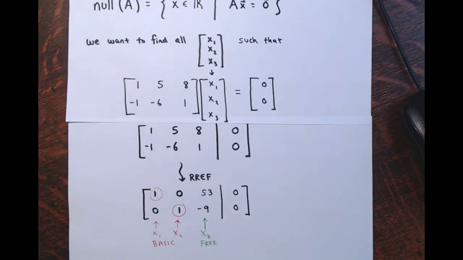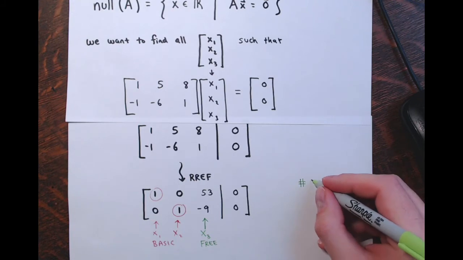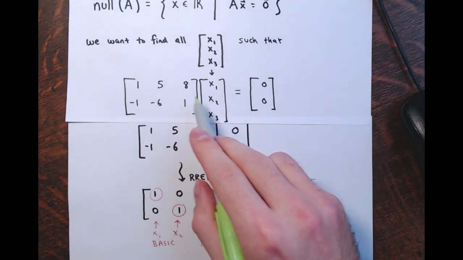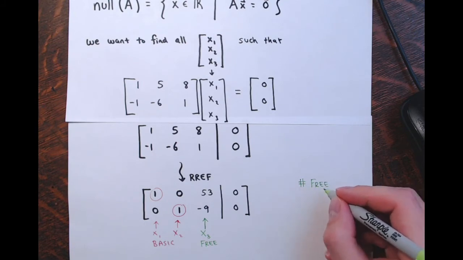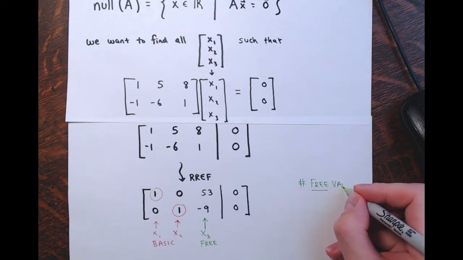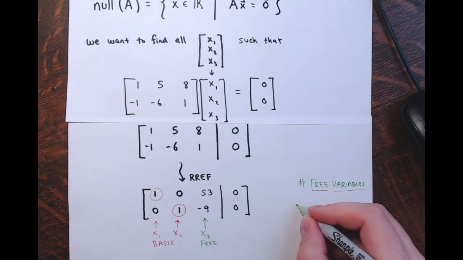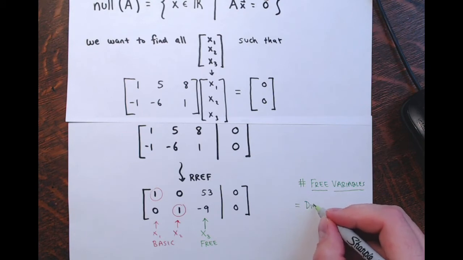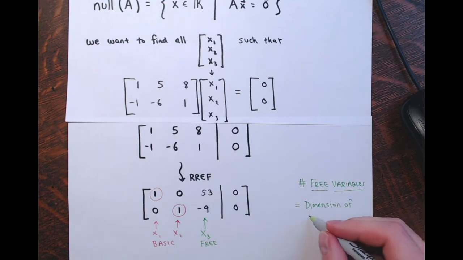And what we're going to notice eventually, but I'll point it out right now: when you're solving this Ax equals 0 equation, the number of free variables you have will be equal to the dimension of the null space of the matrix, or the kernel.